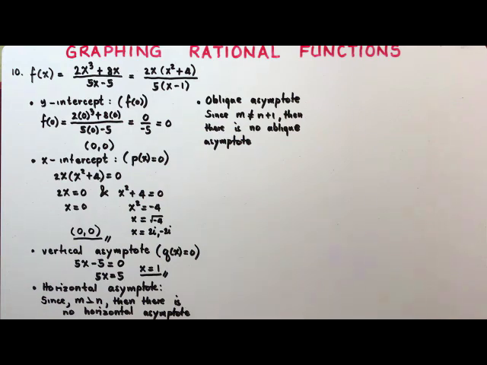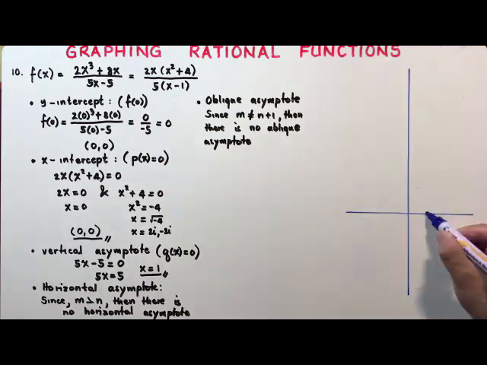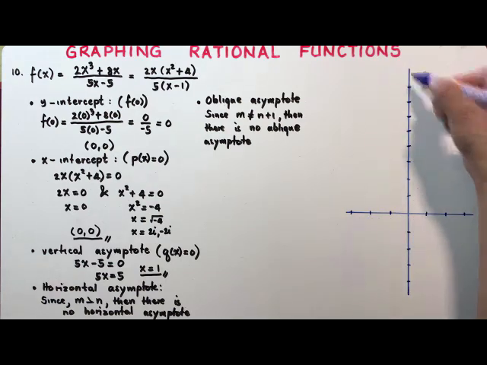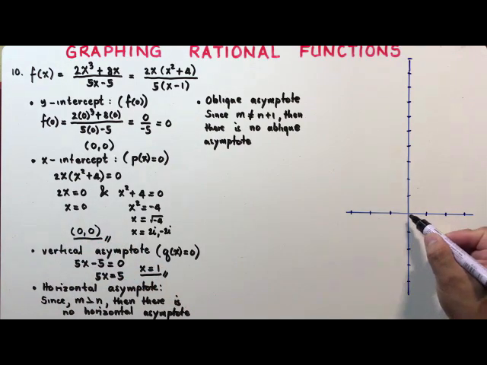So with this information, we can initially sketch the graph of our function here. Now, plotting the y-intercept, which is the same as the x-intercept, the graph passes through this point, which is the point of origin.